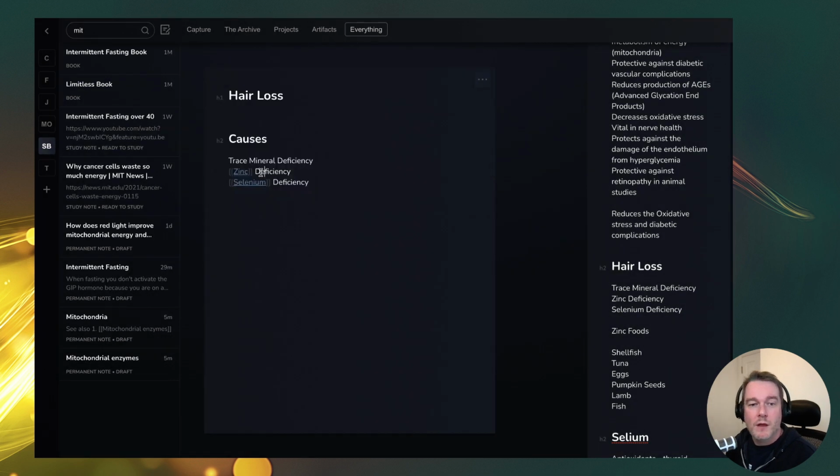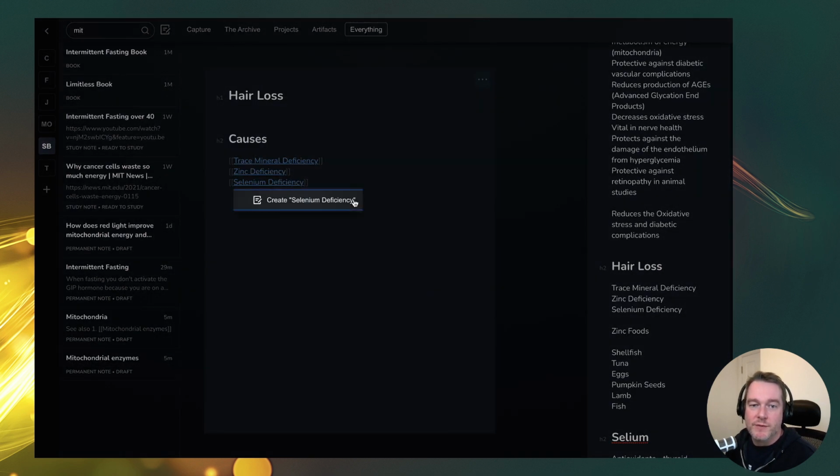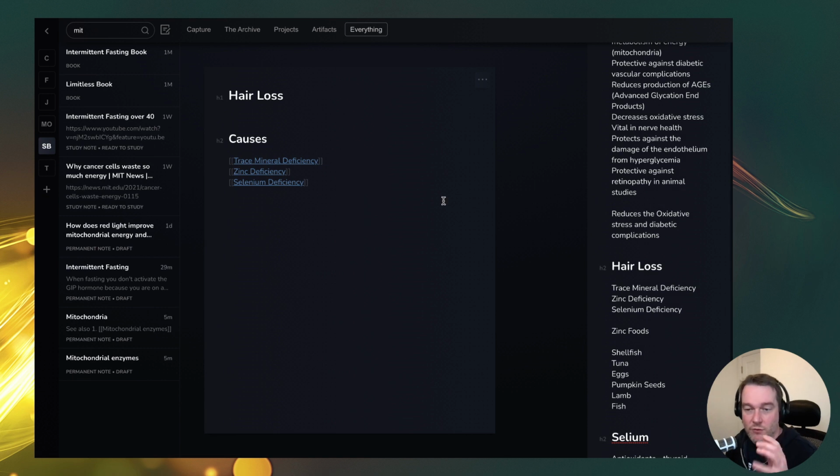Actually, I'm going to include the word deficiency on these because the content is what should you do if you're deficient, what foods can supplement it, so all of that. So if you were to figure out more concretely how to tackle it, then that's what you would want to do.